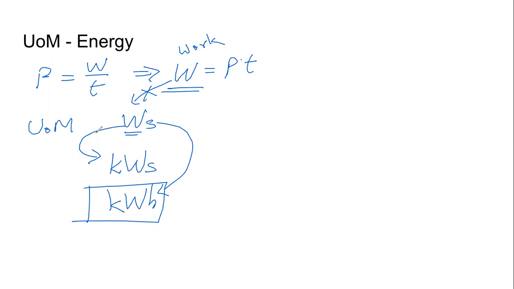We also studied that 1 kilowatt hour equals some joules. Apologies for this bad handwriting on the screen. What I want you to do now is look at page number 49 of the textbook.